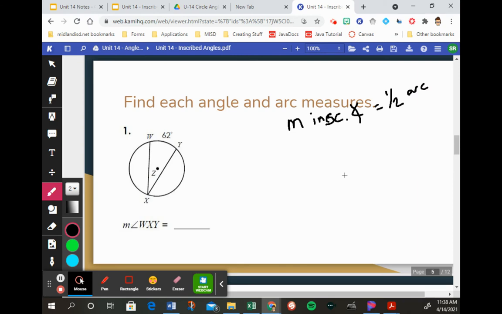So here I've got an arc that's 62 degrees. What is this angle? Well, 62 times 1/2 is equal to 31 degrees. So WXY is 31 degrees.